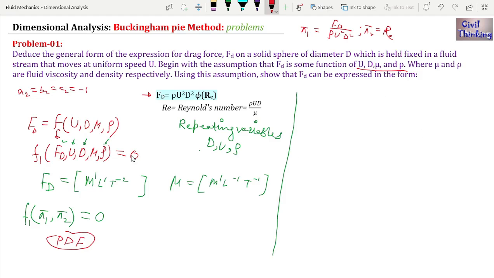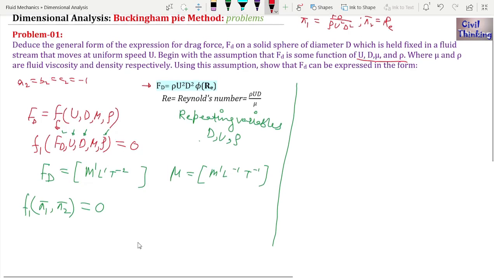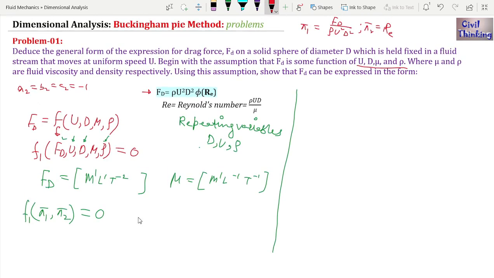Now because this function is equal to 0 and we have two terms, we have a function of pi1 and pi2 equal to 0. Here we will put the values of pi1 and pi2. It is a function of Fd divided by rho u square d square, comma Re, equal to 0, right?